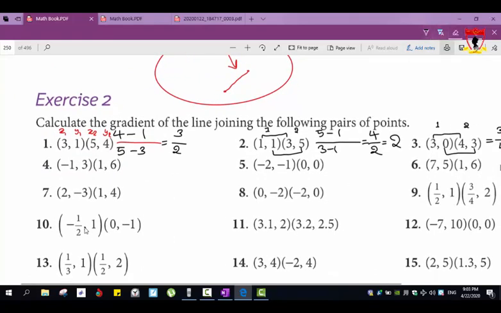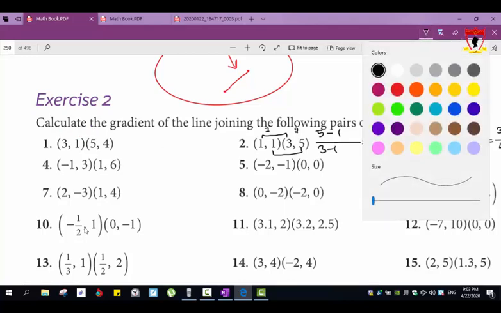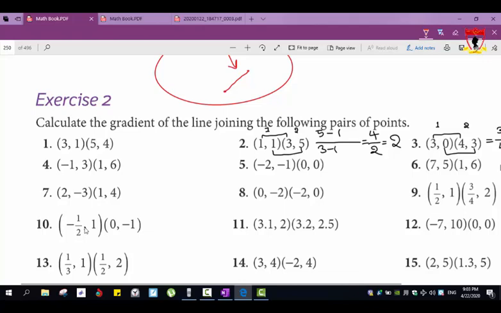Question 4. Let's say this coordinate is x2, y2. This coordinate is x1, y1. Now subtract. 6 minus 3 and 1 minus negative 1.